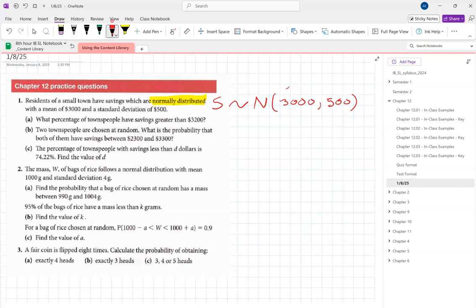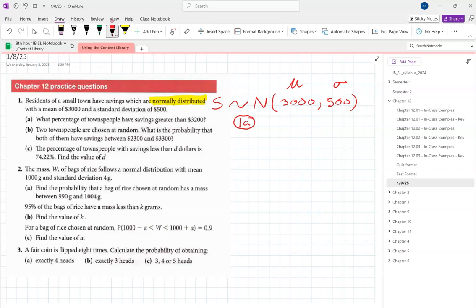And then this is the mean and standard deviation. The S is the name I've given to our random variable, denoting the amount of savings the resident in this small town has. N stands for normal, because the distribution is normal. Okay?